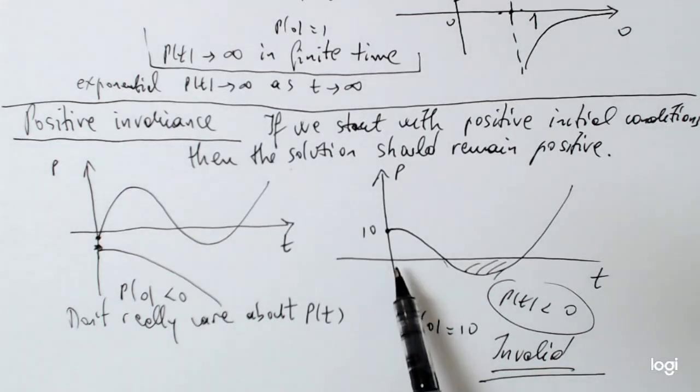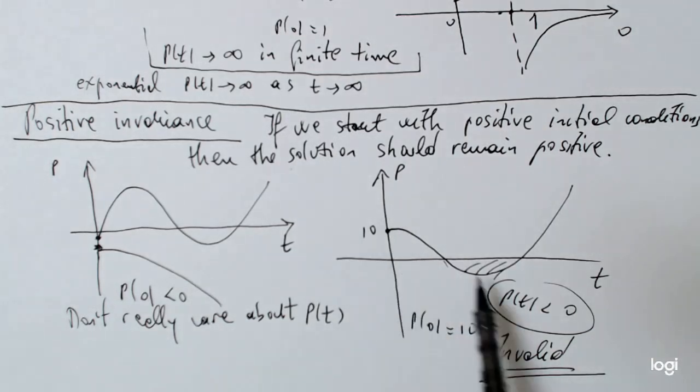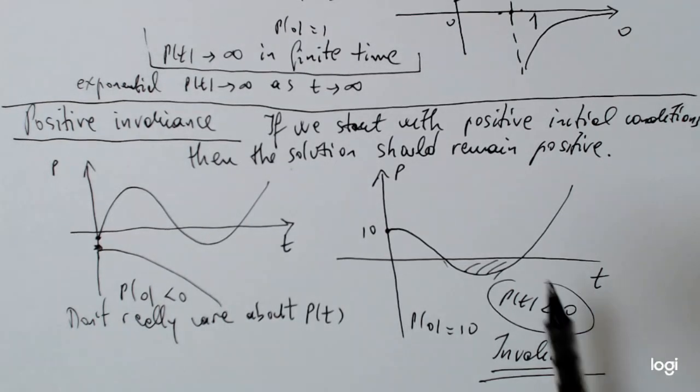If your excuse, the modeler's excuse, is that the model is used just for a short period of time, and in that period of time we don't have this drop in the negative category, you can get away with that excuse and say, well, the model is valid for the time range that I want. Personally, and this is a personal opinion, because there are plenty of models which are invalid for the whole time t, and I'll show you an example maybe later, they are used nevertheless under this excuse that it's used just for a short period of time.